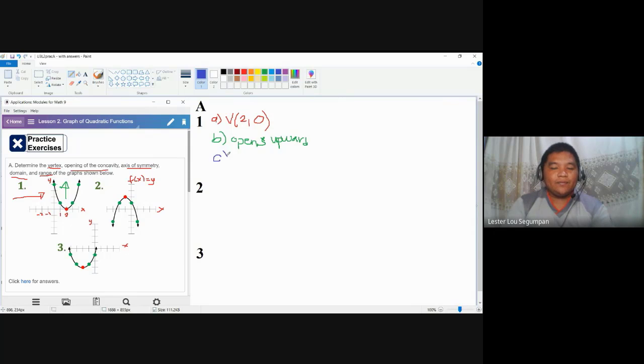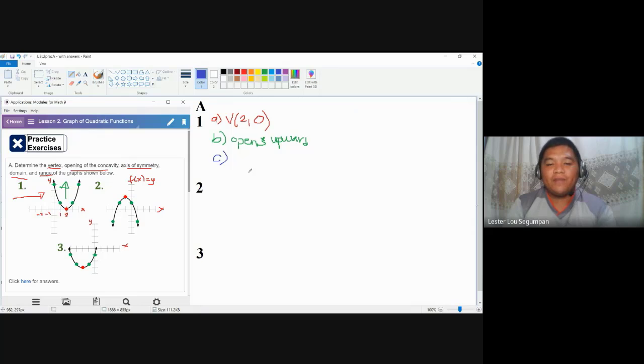Letter C. The purpose of the vertex and its coordinates is also to determine the axis of symmetry. The axis of symmetry is a line.